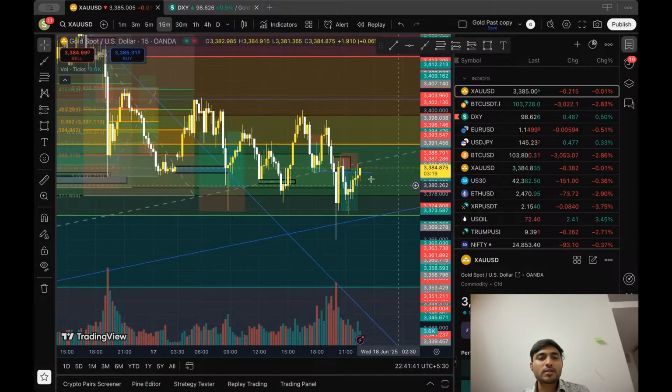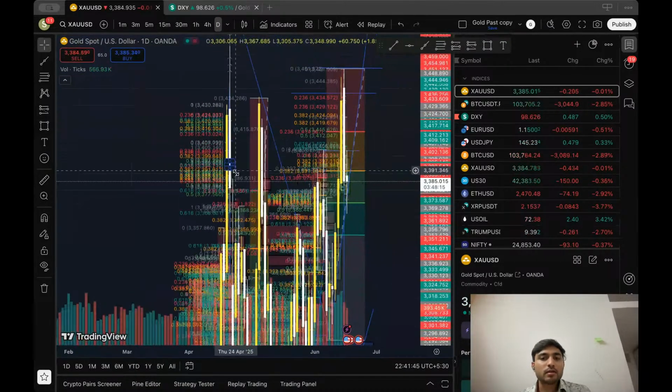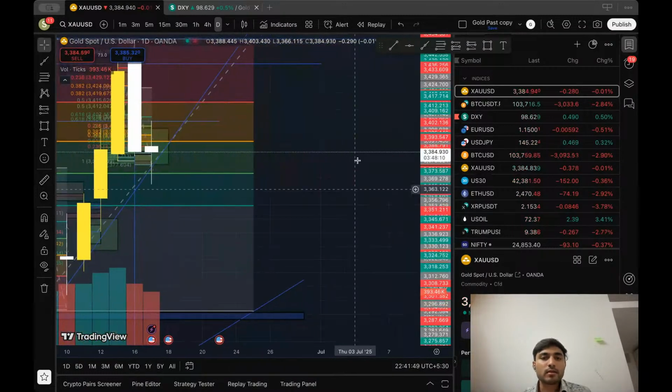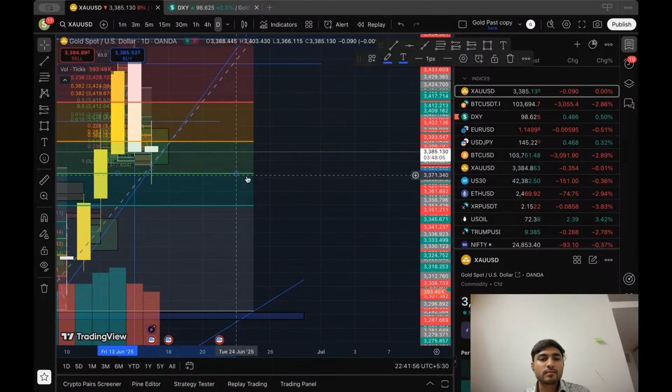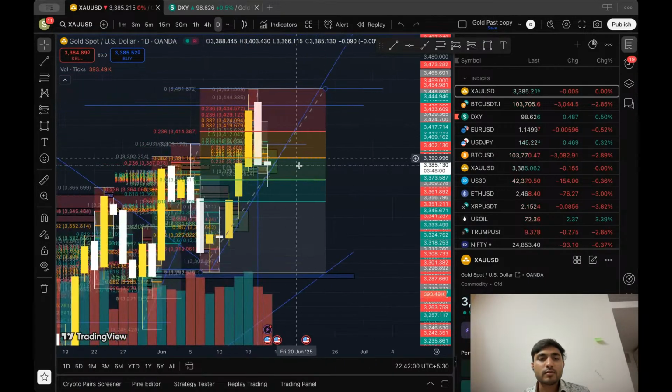So let me just clear some things in my chart. Remember, this is the 50% level. Let's draw a line there. Because Fibonacci is always very annoying to have, it's a lot of colors and a lot of numbers to see.